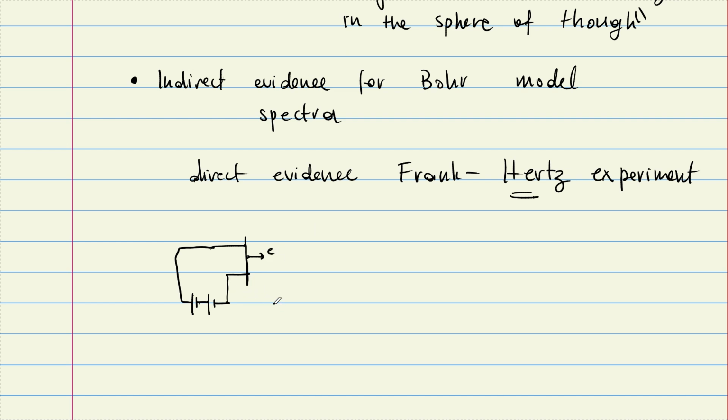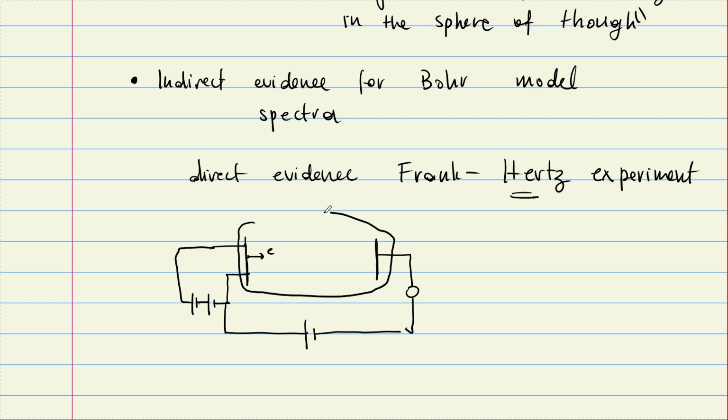You collect these electrons on the other end and measure the voltage. It's like the photoelectric effect, but in a different arrangement. There's also a meter to see the current. You put this entire thing in a vacuum, and you put mercury vapor inside.